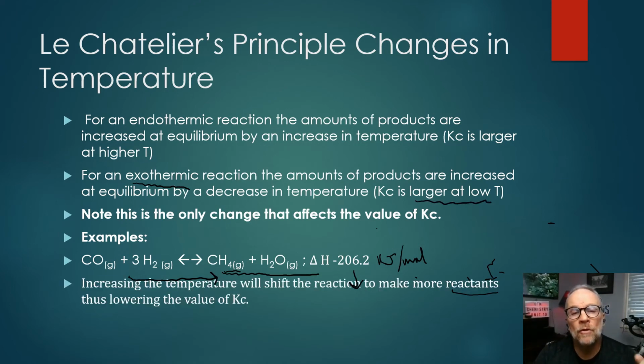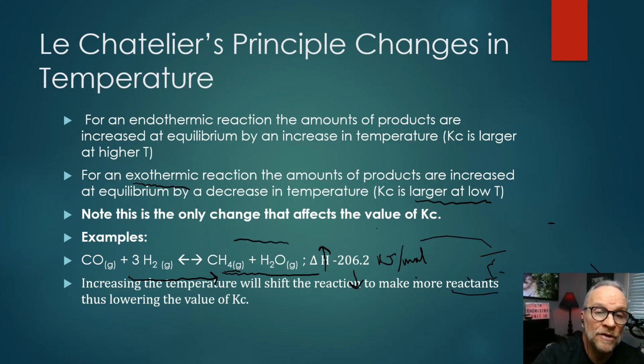Increasing the temperature will shift the reaction to make more reactants, thus lowering the value of Kc. So here, if we increase the temperature, the reaction shifts to make more reactants because it's going to shift in the opposite direction to get away from that change in energy.